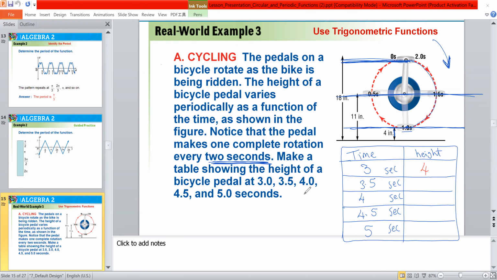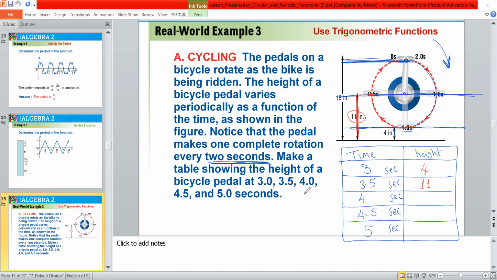If we go by only half a second, it becomes here. The height here will be what? 11. The height becomes 11.